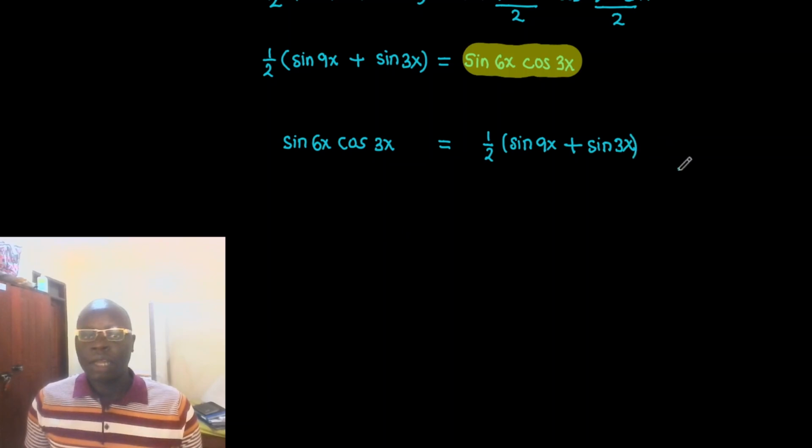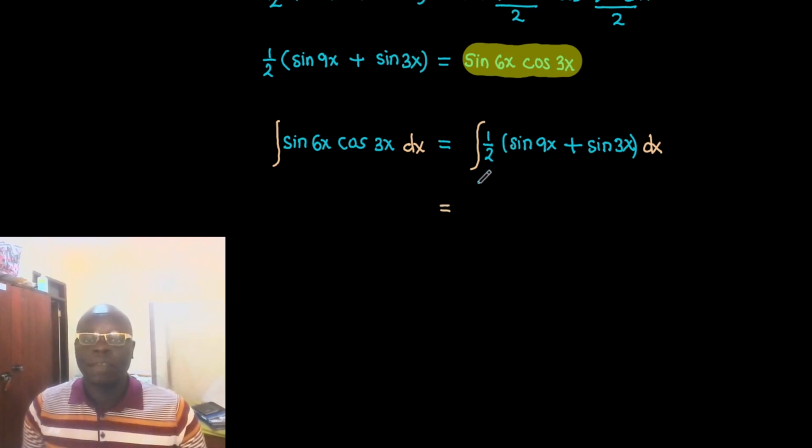So here we can integrate with respect to x. So the integral of this with respect to x must be equivalent to the integral of this side also with respect to x. So now we can go on and integrate the right hand side, because this is what I've converted it into to make it simple for our integration.